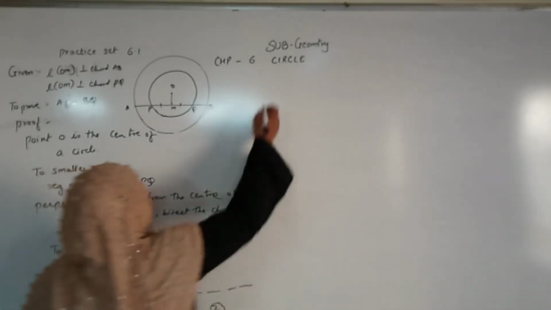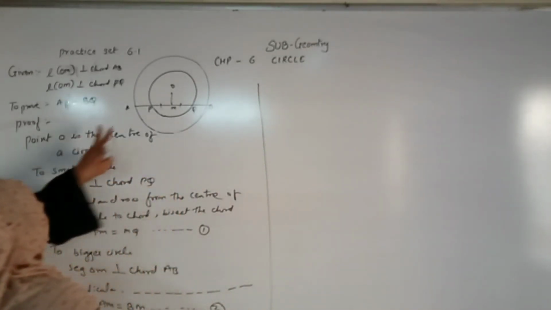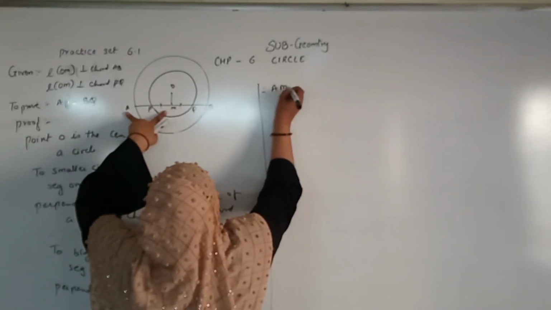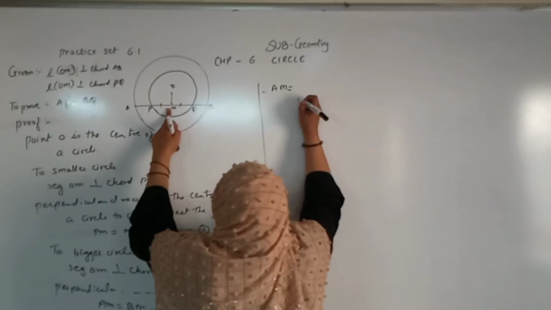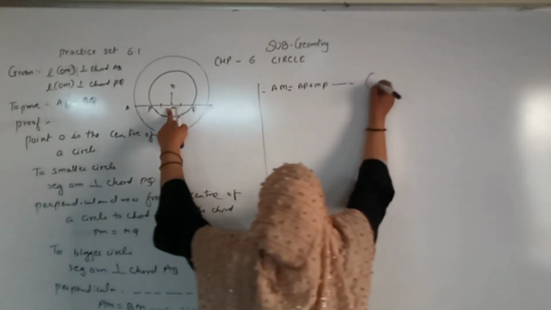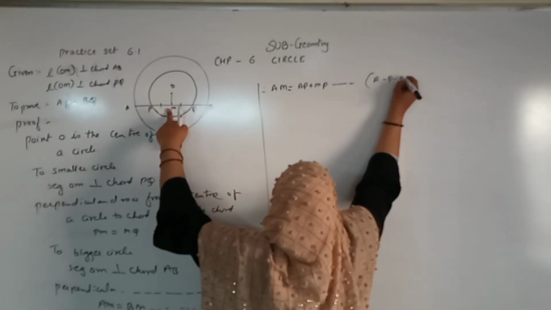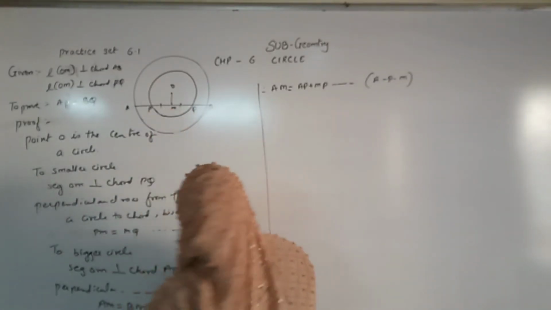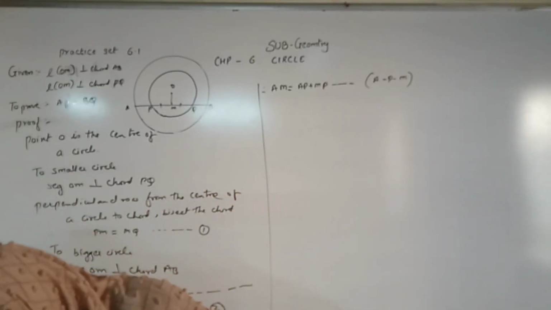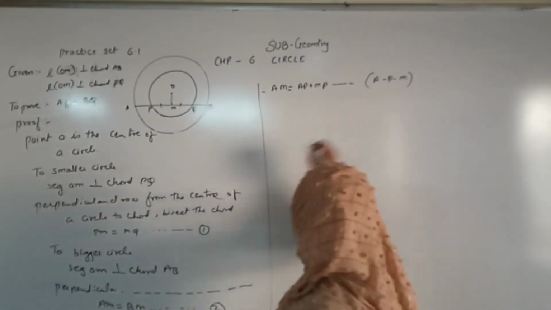See student, now यहाँ पर देखो, अगर मुझे AM बनाना है तो मैं क्या करूँगी? AP plus PM कर दूँगी. APM एक ही साइड में है, राइट? आप ऐसा शो कर सकते हो. We'll put the equation number 3 for that.